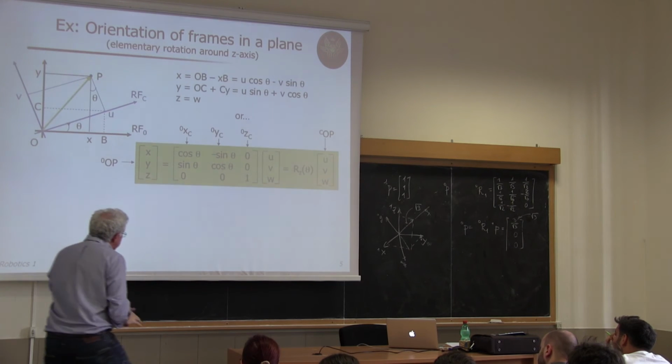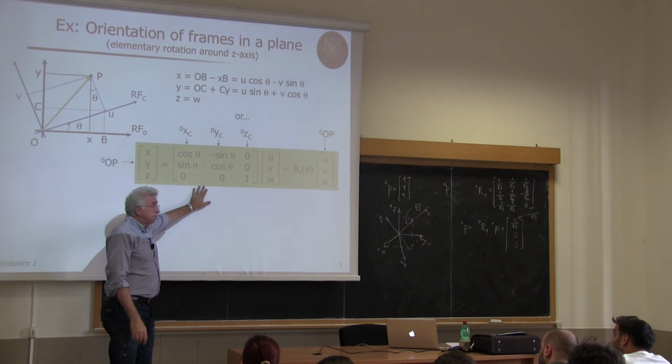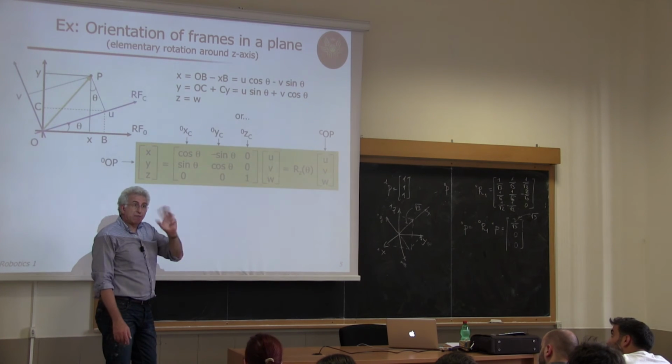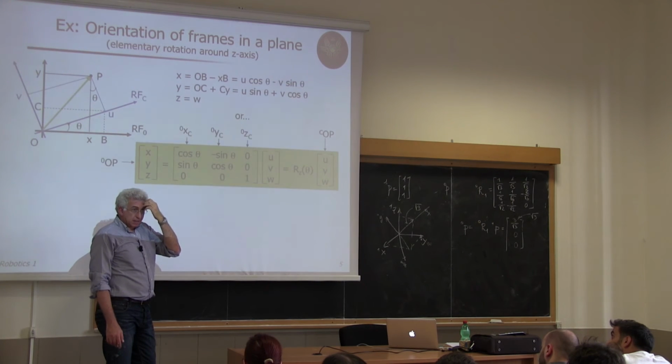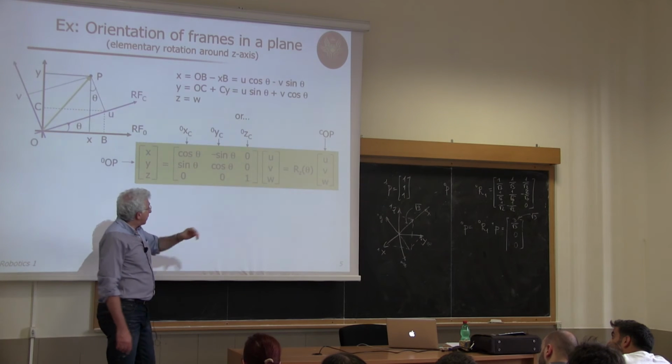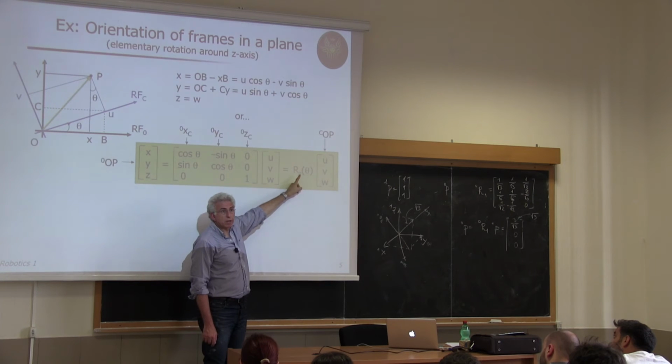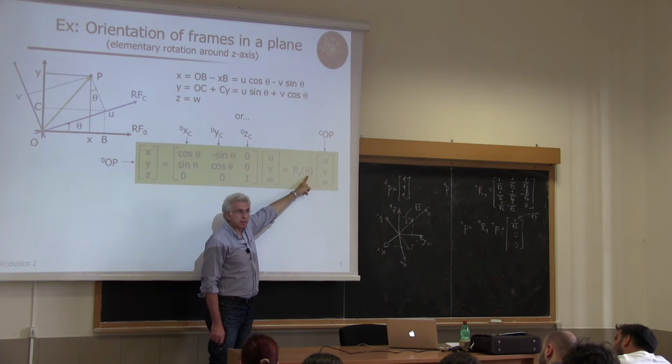So this is a rotation matrix. And since it's an elementary rotation matrix, because I've rotated things around the z-axis, I call it in this particular way with the z, okay, by an angle theta.